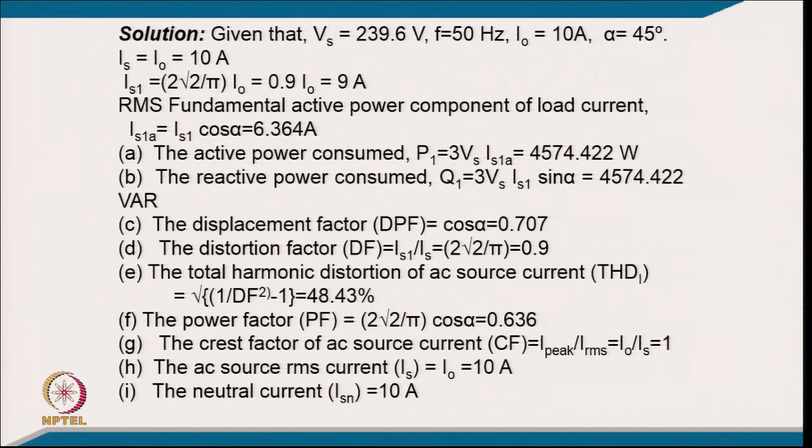So, it comes to 4574.422, and reactive power consumed will be 3 Vs IS1 sin alpha, that is 4574.42, and displacement factor will be cos alpha, 0.707, and distortion factor will be 2 root 2 upon pi, that is 0.9, and total harmonic distortion for a square wave is 48 percent, and power factor will be this into cos alpha, 0.636, and crest factor will be peak upon RMS, 1, and the AC source current will be 10 ampere, and neutral current is also a square wave, but at 3 times the frequency, again 10 ampere.